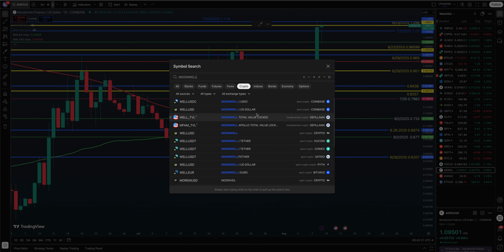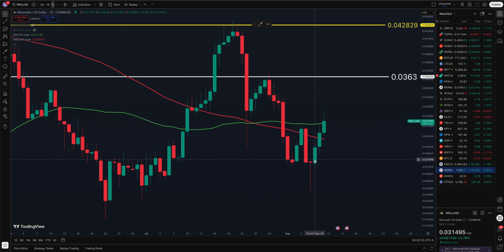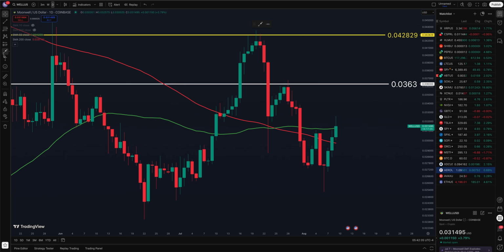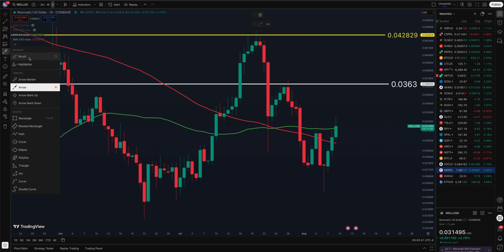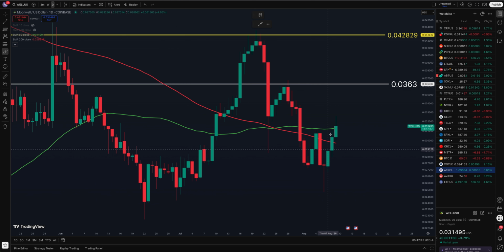But in this kind of market condition, if we're heading into an alt season where these markets start to go parabolic, the chances of us going just straight up are greater than us hanging out here, pulling back, and then starting to pump. In a normal market condition, where an asset, for example Moonwell, is just going to go on a run to the upside, that's what we'll see. Looks like we saw it over here.